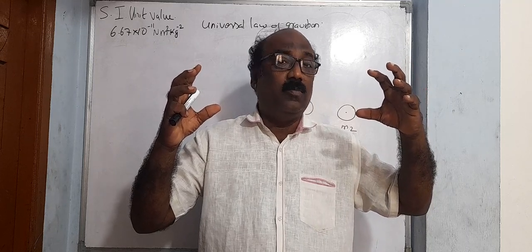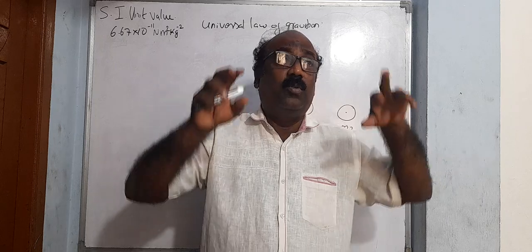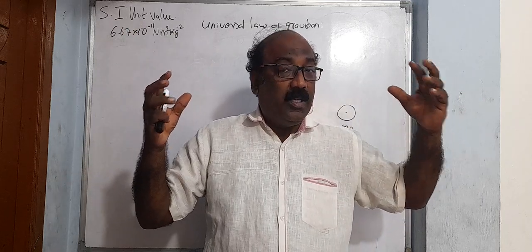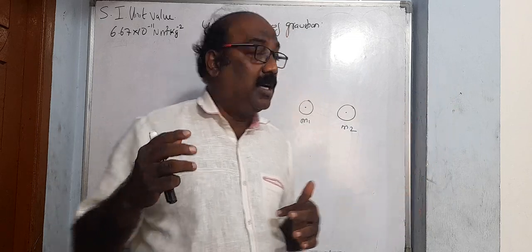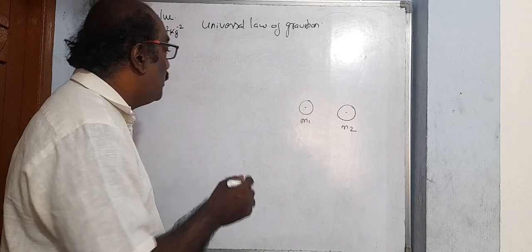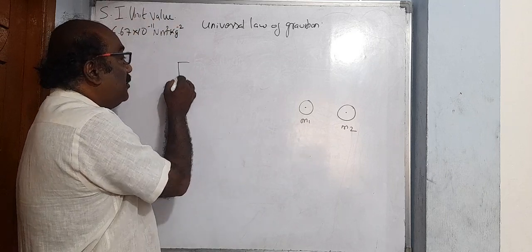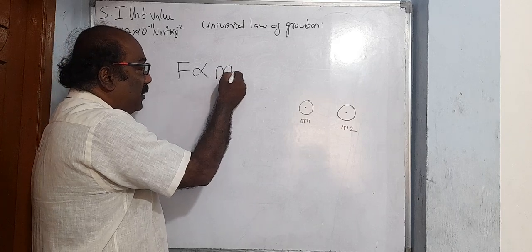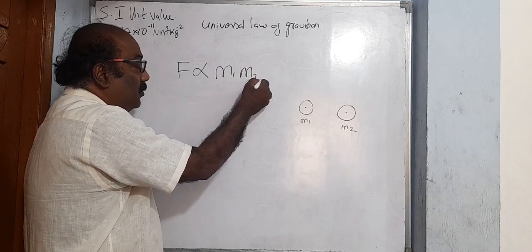The force will be what? More. If furthermore a very big size of magnet, what will happen? The force will also increase. So it's clearly understood that if mass is increasing, the force is also increasing. So we can write this as force is directly proportional to M1 and M2.